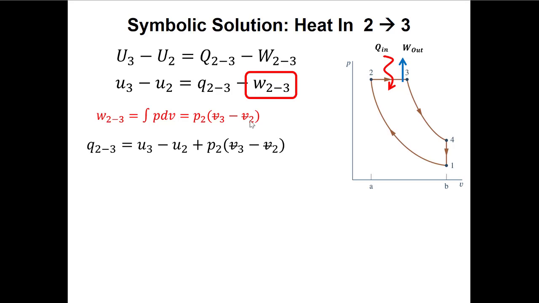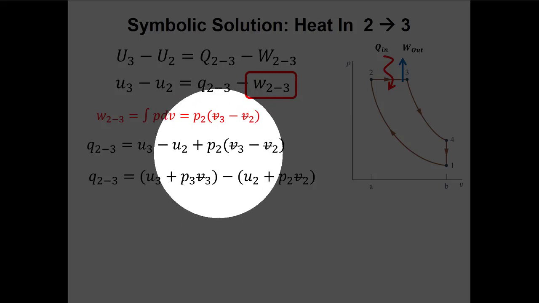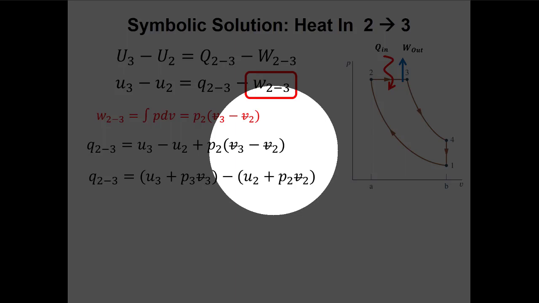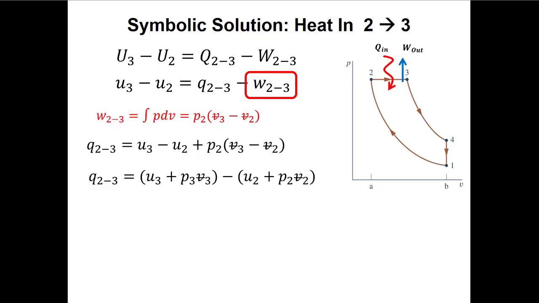So now I have this equation. If I isolate for Q from state 2 to state 3, then I can group my terms by their state number, recognizing that P2 is equal to P3. So here I can say P3 times V3, but over here, I can say P2 times V2. And I notice that I get U3 plus P3V3 minus, in brackets, U2 plus P2V2.